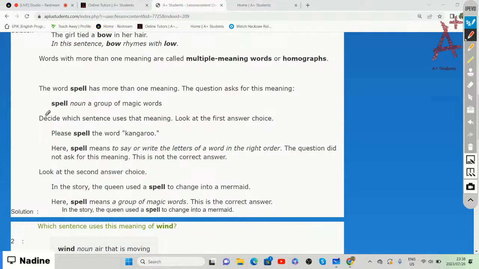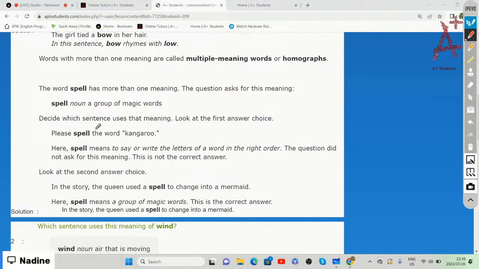So now we need to decide which sentence uses that meaning, right? We need to first look at the first answer choice. Please spell the word kangaroo. It says spell means to say or to write the letters of a word in the right order. So the question did not ask for this meaning, right?